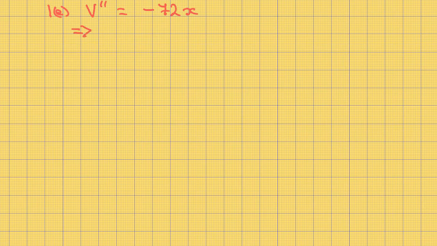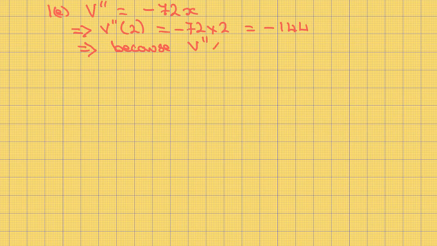Therefore, v double dash 2 is equal to minus 72 times 2, which is minus 144. Therefore, because v double dash is less than 0, therefore maximum.